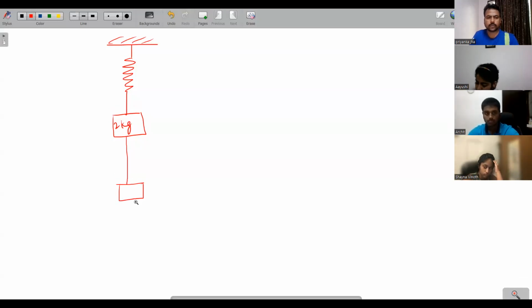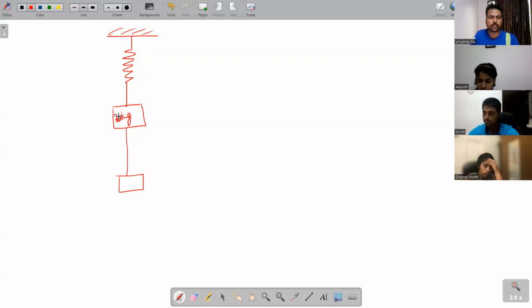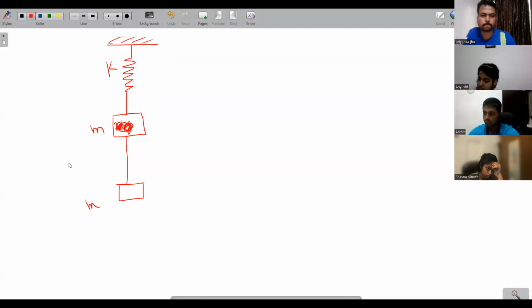Suppose, no, wait. This is not 2 kg. This is simply mass m. This is also m. Spring constant is k. The system is at rest, in equilibrium.